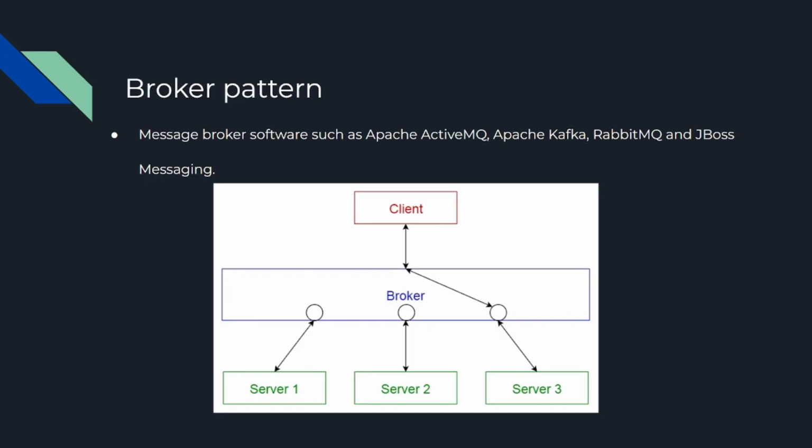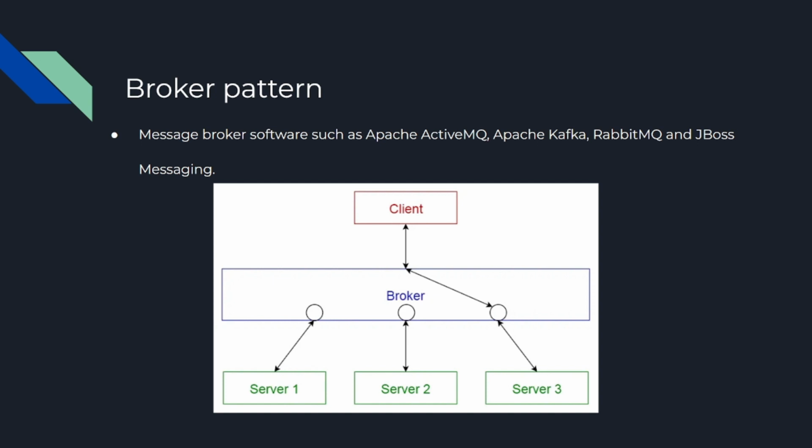Alright, number 5 is broker pattern. This pattern is used to structure distributed systems with decoupled components. These components can interact with each other by remote service invocations. A broker component is responsible for the coordination of communication among components. Servers publish their capabilities, services, and characteristics to a broker.